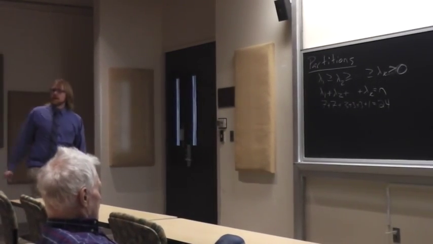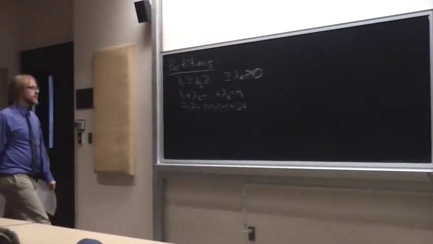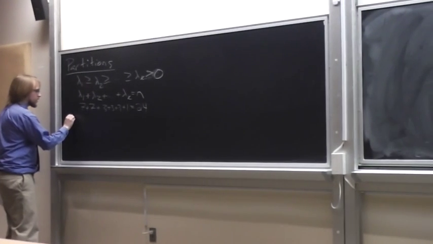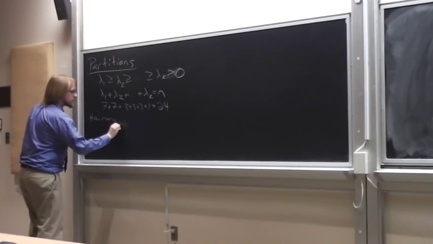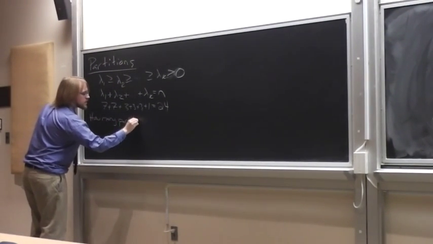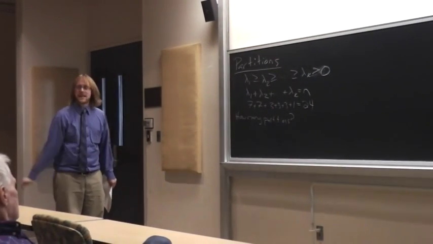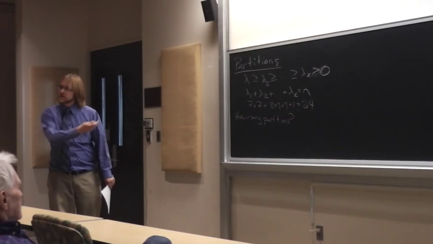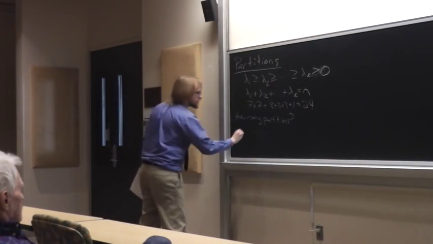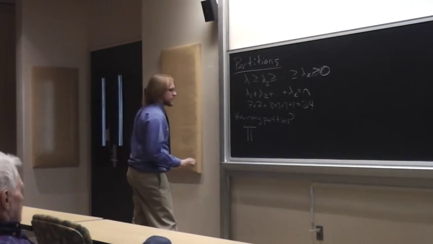So one question we can ask based off of this is, how many partitions are there? One nice answer to this is a generating function. There's a very nice generating function for the partitions.